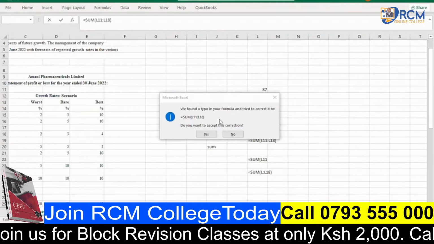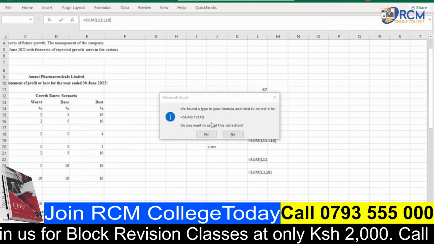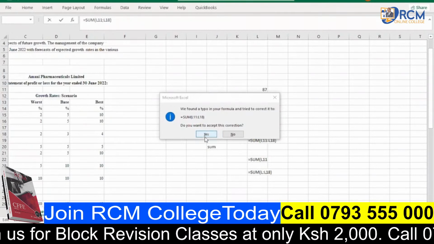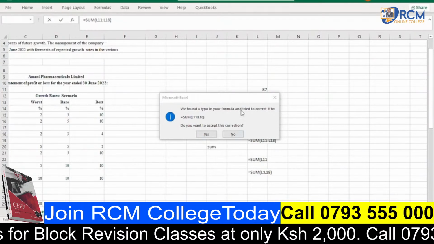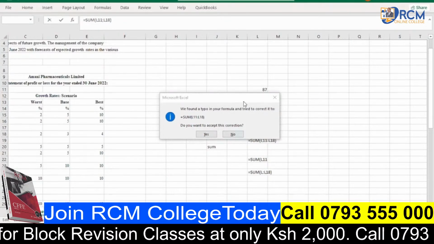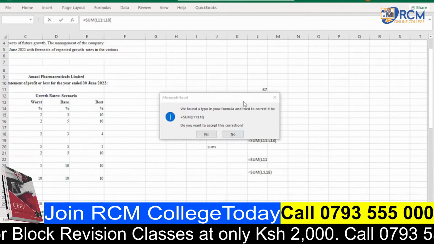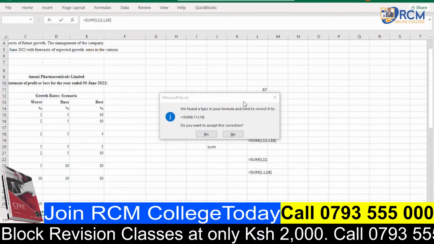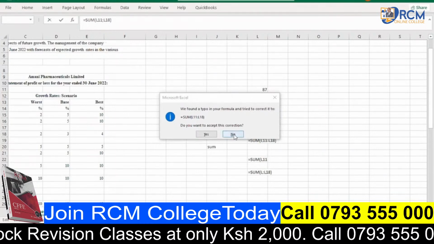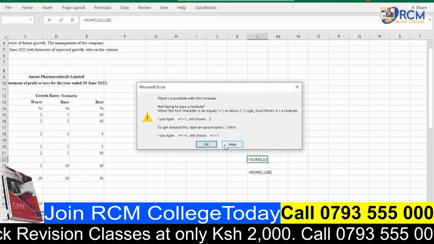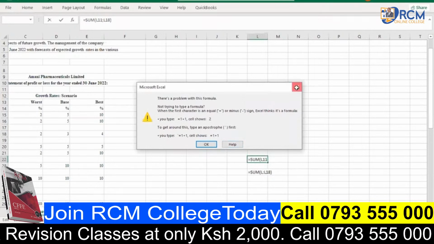Yes, so that is what is required there, the correct one. So Excel is ready to rectify it. And if we check this one here, it is exactly equivalent to what was given to you as choice B. Okay, so we don't want to correct it. It will remain with that error.